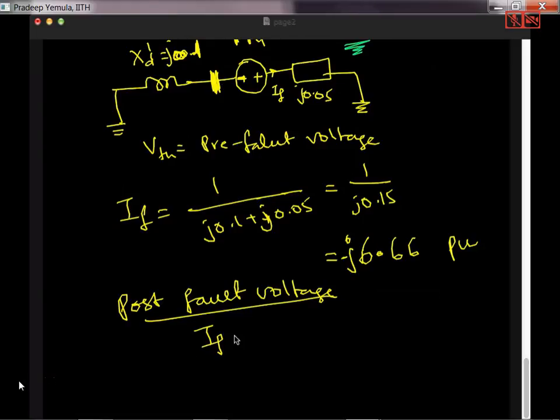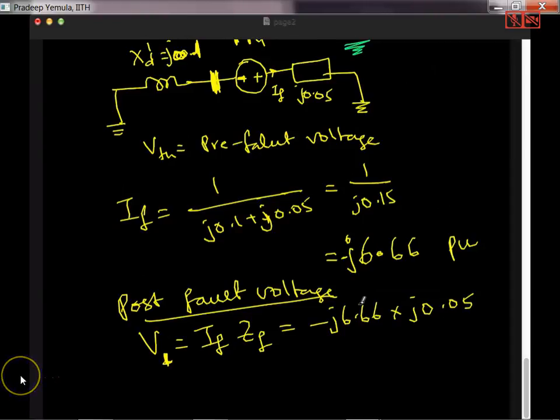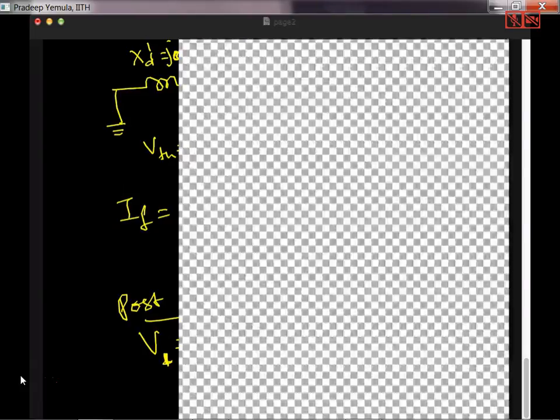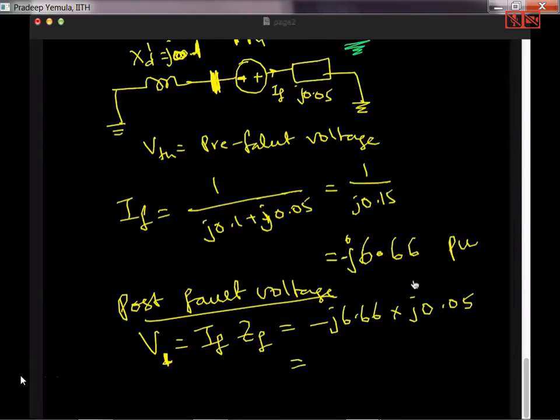It is nothing but I_F into Z_F. So V1 equals minus j6.66 into j0.05. So j into j is minus 1, and the minus gets cancelled, giving 0.333 per unit.